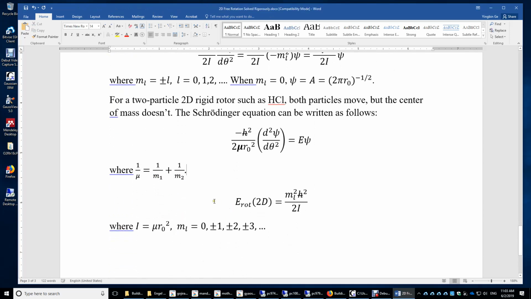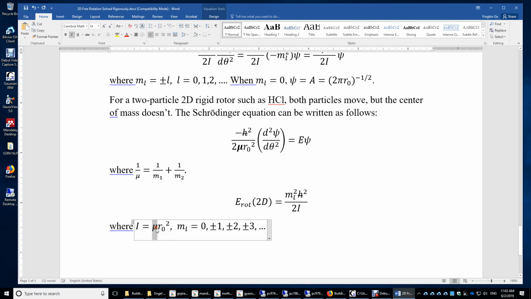And what about the rotational energy? Again, it's m sub L squared times h bar squared over 2I. Again, this can be 0. When m sub L equals 0, this is 0, and it's fine. The wave function is non-zero. The wave function is simply this 2 pi r naught to the power of negative 1/2. Again, this I is the moment of inertia of the two-particle rotor.